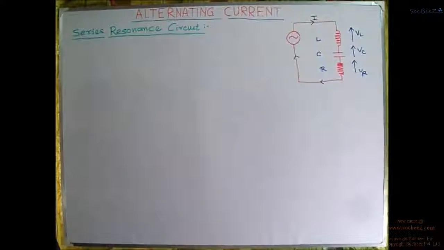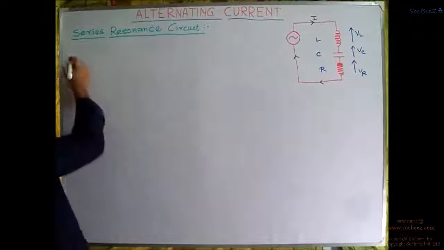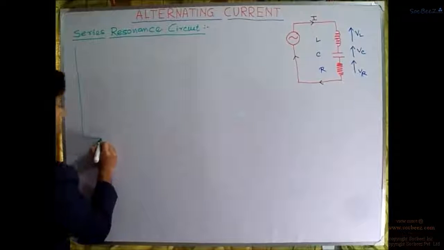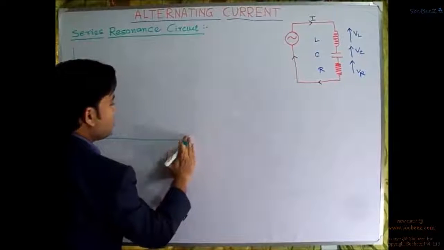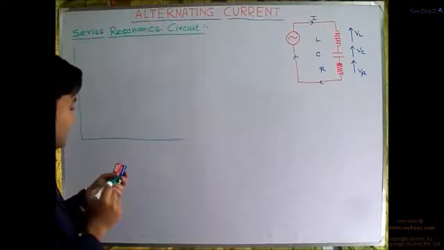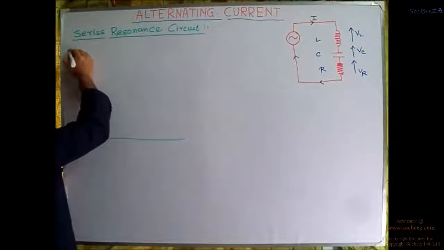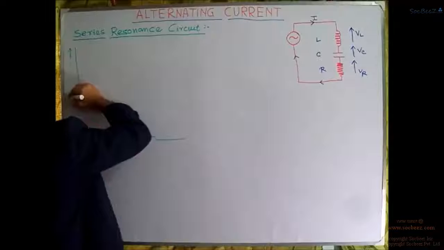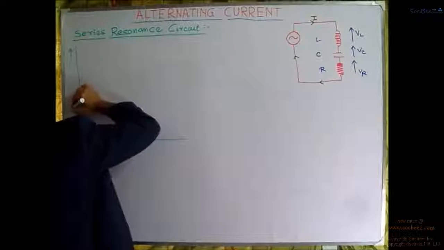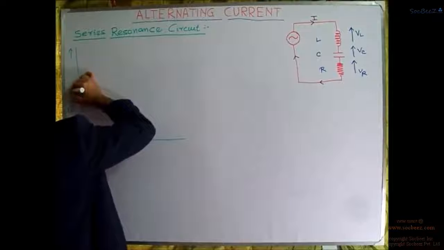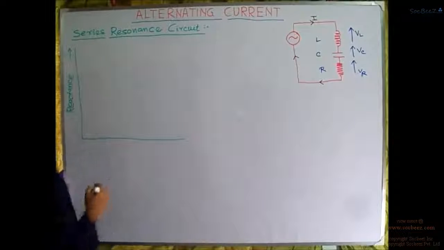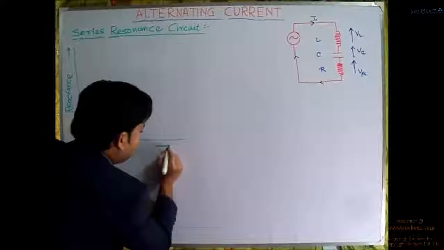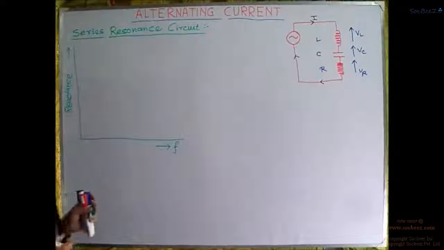So if we draw a graph like this, on this axis we maintain reactance, and on the other, frequency, only these two for the time being.